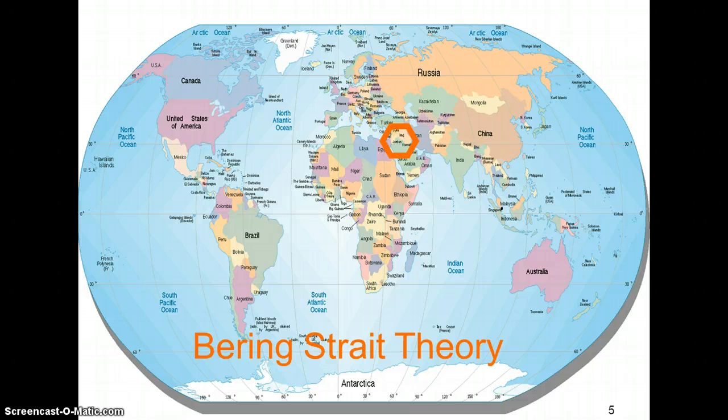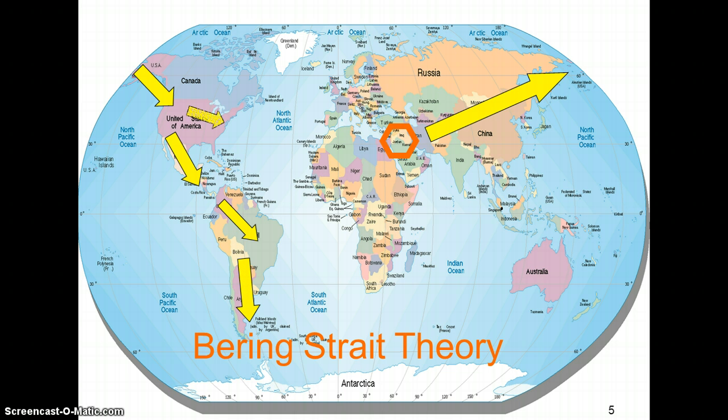The first of those is called the Bering Strait theory, which says people began in Mesopotamia and migrated east, slowly but surely, following herds or for whatever reason, moving across China and Russia, across the Bering Strait, which now lies between Russia and the US, and coming into Alaska, down into Canada, and into what's now the United States, Mexico, Central and South America.